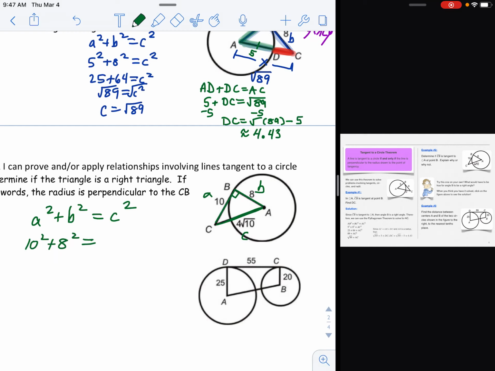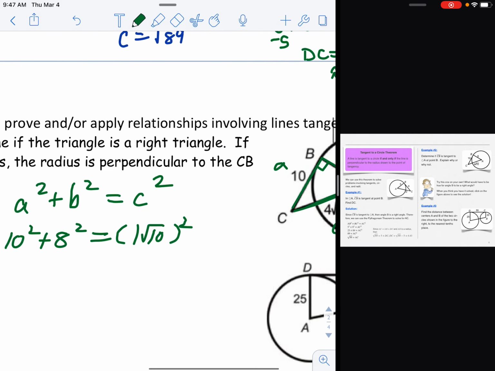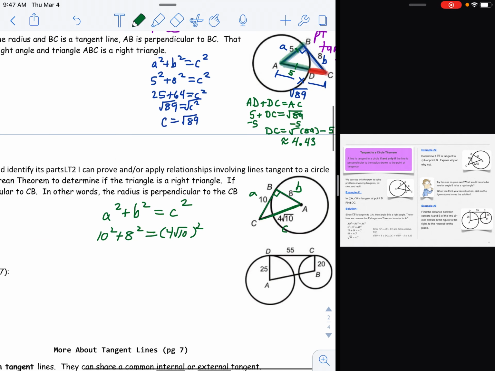We're going to get 10 squared plus 8 squared, and on the other side, parentheses 4 radical 10 squared. It's probably a good habit to put this in parentheses. So we're going to get 100 plus 64, which is 164 on this left-hand side. On this right-hand side, it's going to be 4 squared, radical 10 squared. 4 squared is 16.